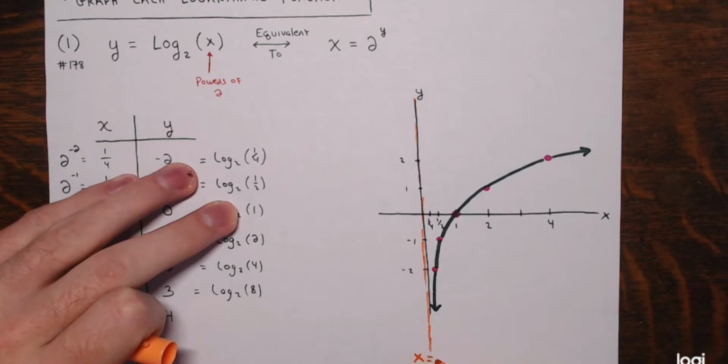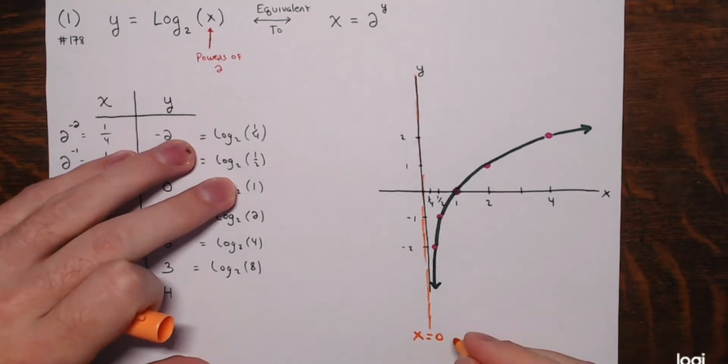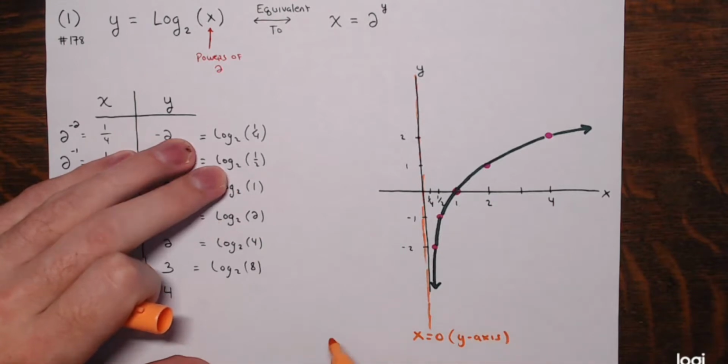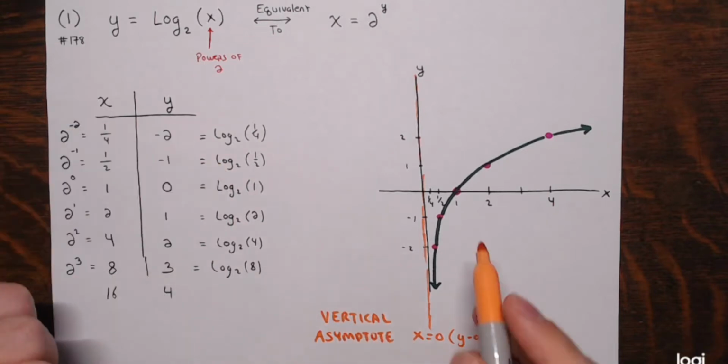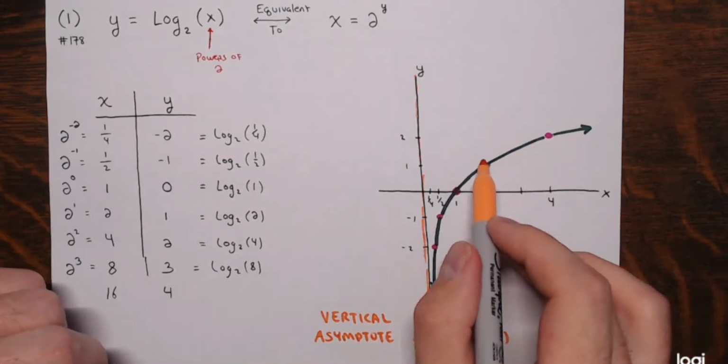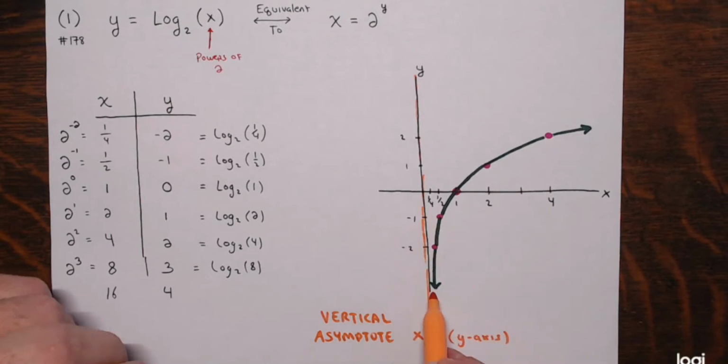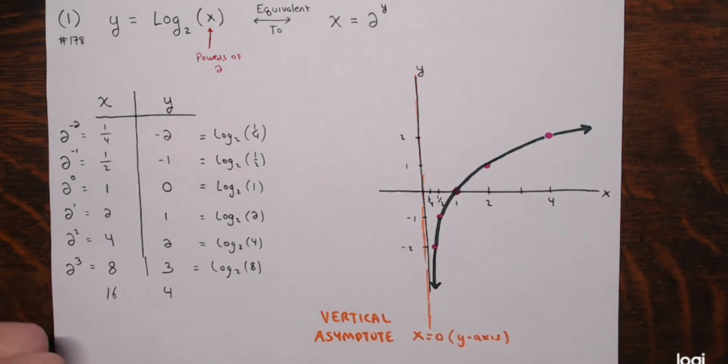X equals 0, the y-axis, is a vertical asymptote for this logarithmic function.